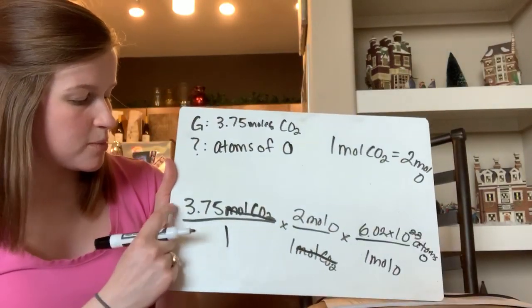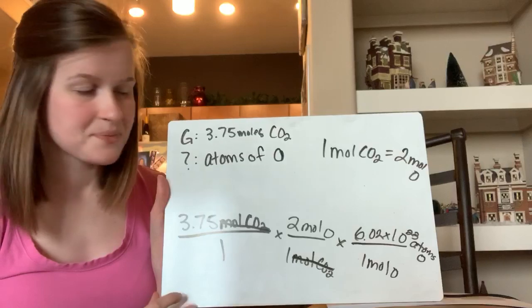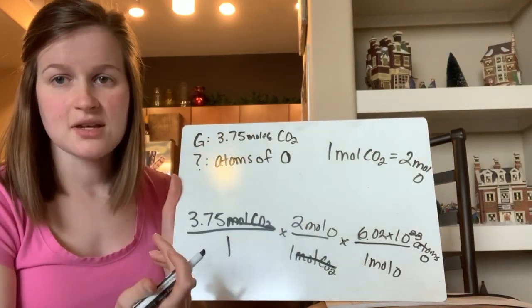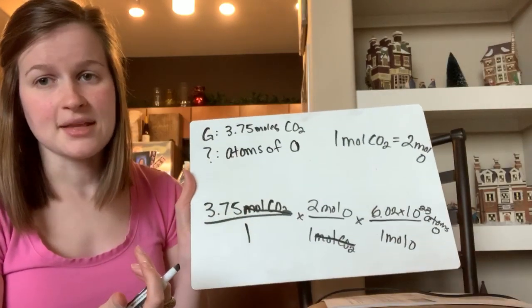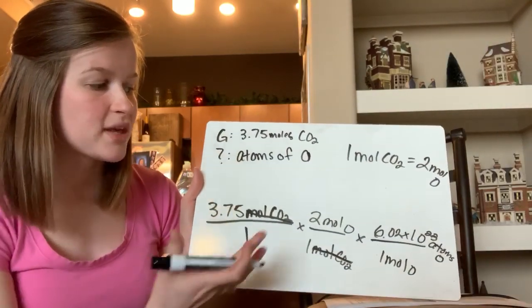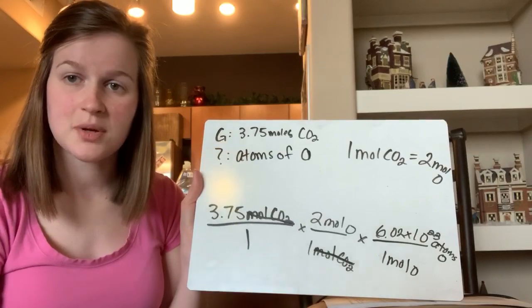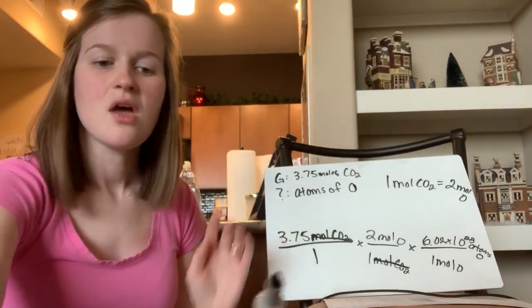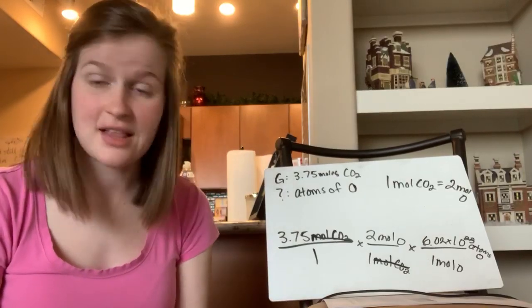So your work would be 3.75 times 2, which is 7.5, times 6.02 times 10 to the 23rd, which 6 times 7 is 42. And so it's going to be 42 point whatever times 10 to the 23rd. So something pretty close in there for your answer. Hopefully that's making sense to you, and that's the last example problem.